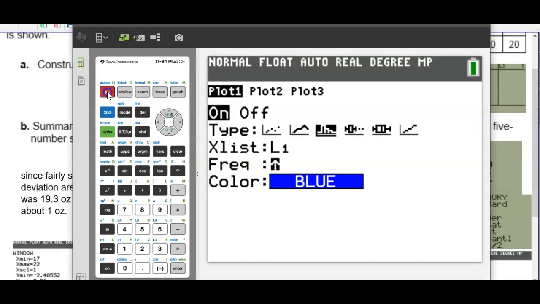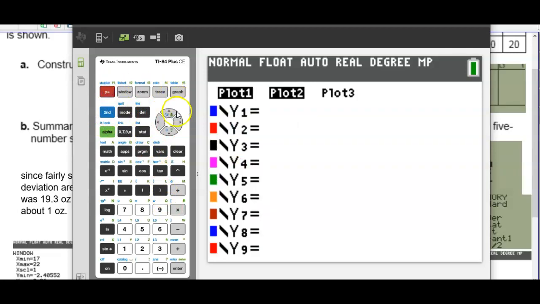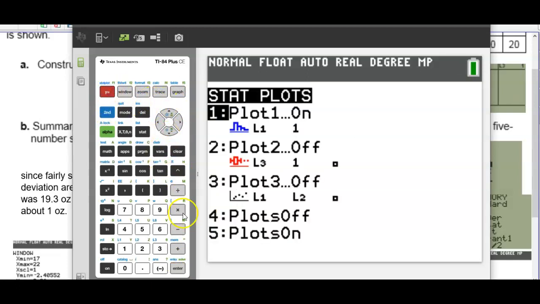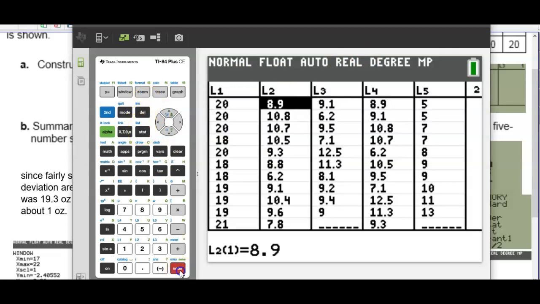So I'm going to go second y equals, turn plot 1 on, but I need to meanwhile turn plot 2 off because I have it on as well. All right, now my plot 2 is off. When I go second y equals, plot 1, on, histogram, list 1, just to make sure, I'm going to go stat enter.